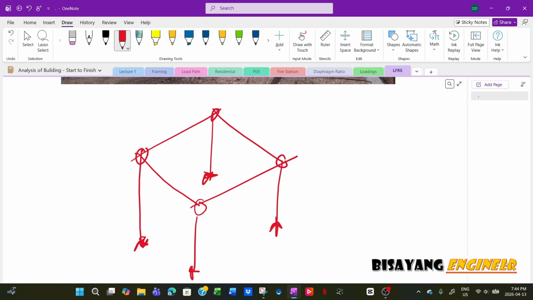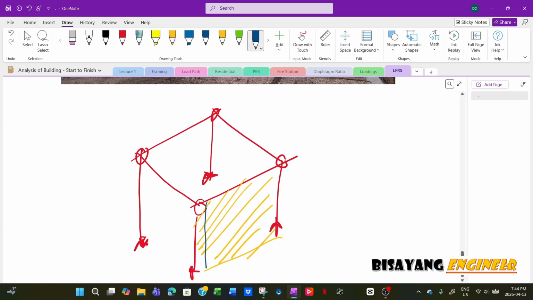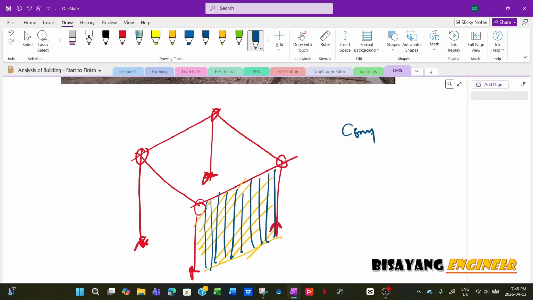So you have walls here, and the walls are made up of curtain walls. You have vertical mullions, which are the main structural element of the curtain wall. In sizing the mullion, you have to use components and cladding.